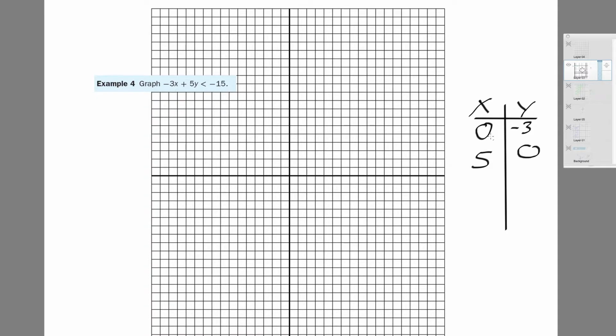I'm going to put one at 0, negative 3. 1, 2, 3. And 1, 2, 3, 4, 5 at 5, 0. Those are my points. Going to draw my line and put arrows on it.